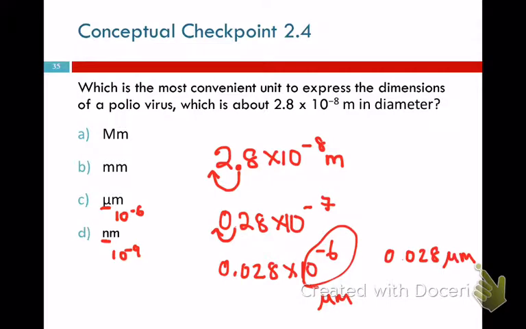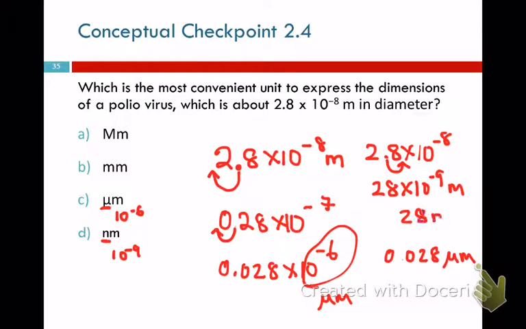Or you could go the other way. If I go to the right on this number, then the exponent decreases. So I take 2.8 times 10 to the minus 8 and move it one this way, and I get 28 times 10 to the minus 9 meters. 10 to the minus 9 is a nano, so this is just 28 nanometers.